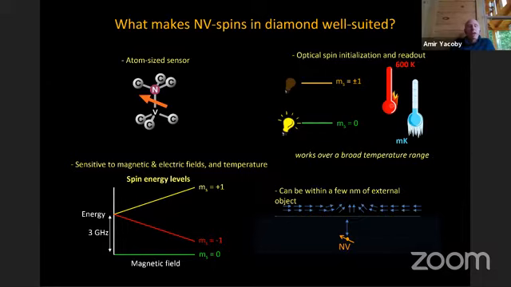The underlying energetics of this defect is shown here. It's a 3-level system. At 0 magnetic field, it consists of an MS equals 0 state and an excited MS equals ±1 state that are degenerate, separated by roughly 3 gigahertz, so much smaller than room temperature.